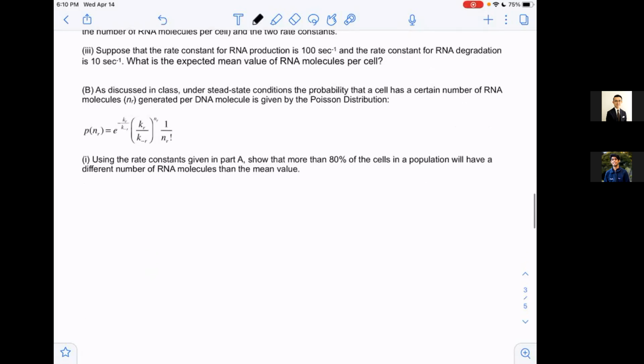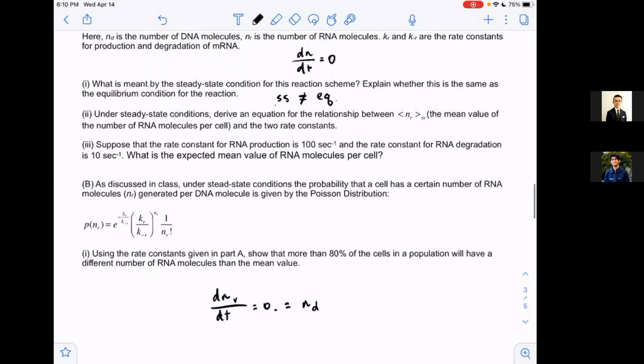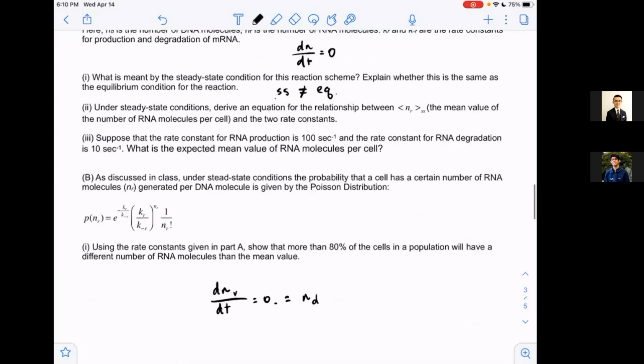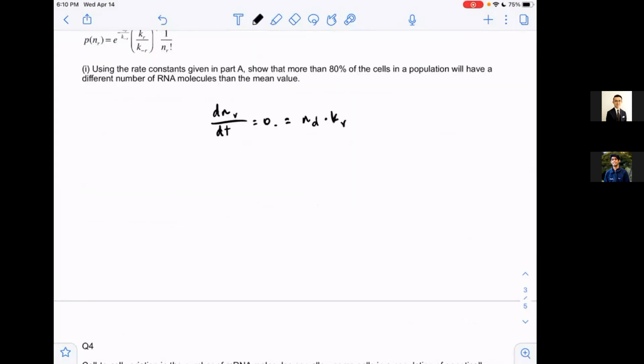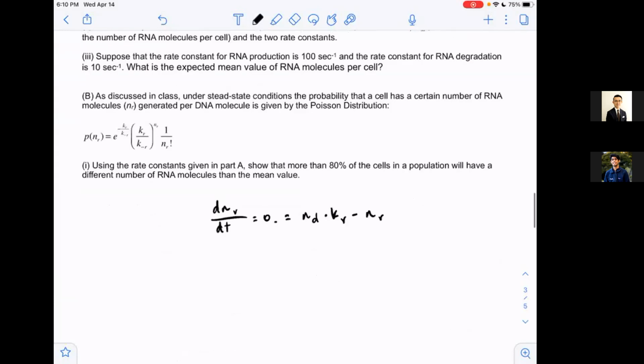So we know that the change in the number of RNA molecules over time is 0, and we also know this equals the number of DNA molecules times the rate of conversion, K_R, minus the number of RNA molecules that are decayed, so times K_negative_R.